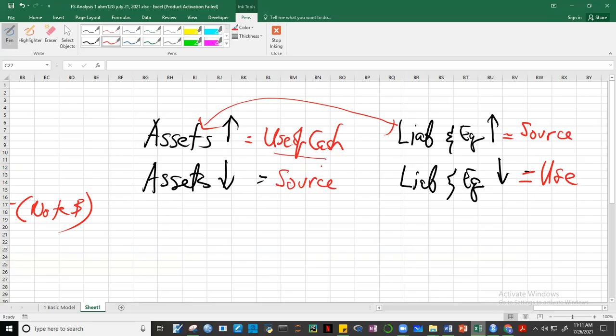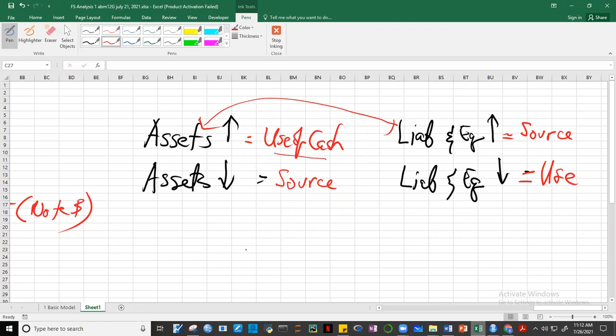On the other hand, if assets go down, then that is considered as a source of cash. AR bumaba, ibig sabihin nakakolekta, no? Property, plant and equipment tumaas, ibig sabihin gumamit ng cash para bumili. Property, plant and equipment bumaba, ibig sabihin nagbenta ng assets, nagbenta ng equipment.